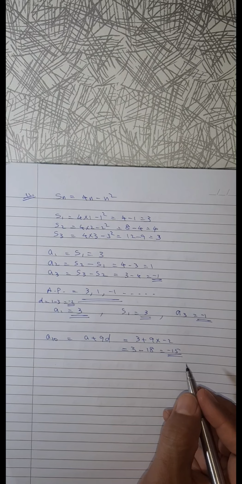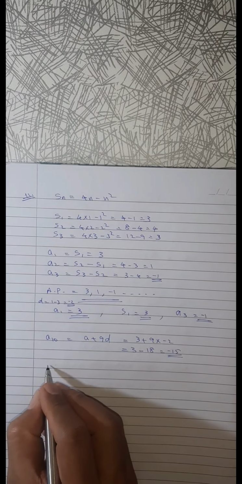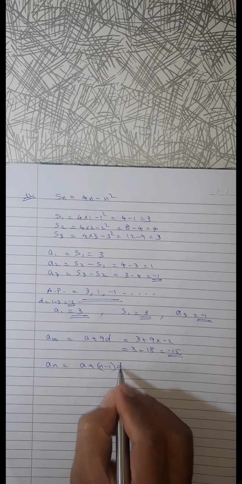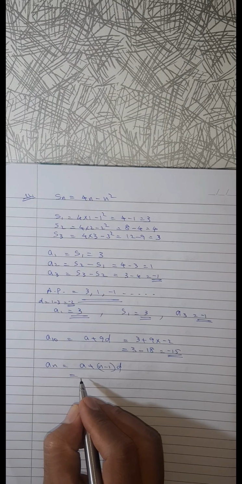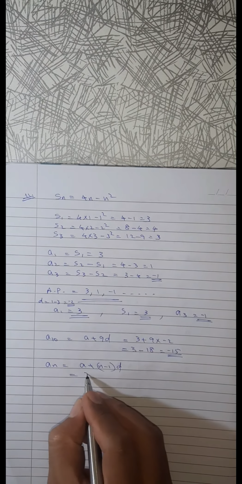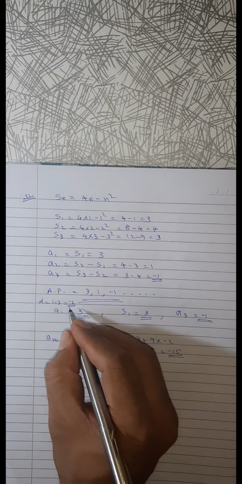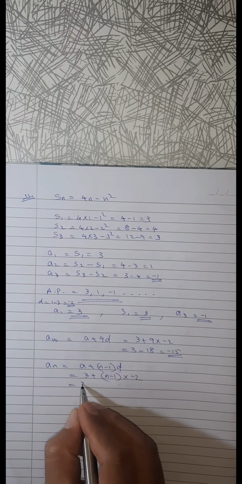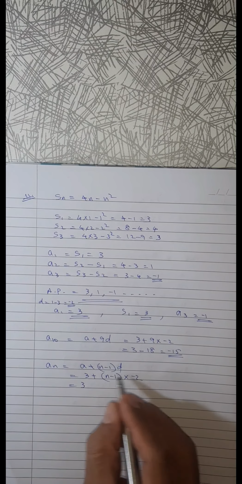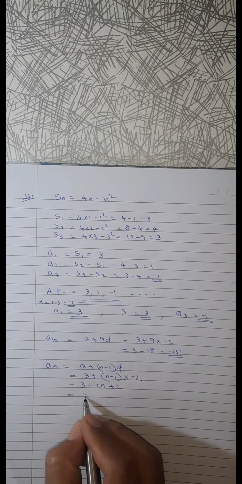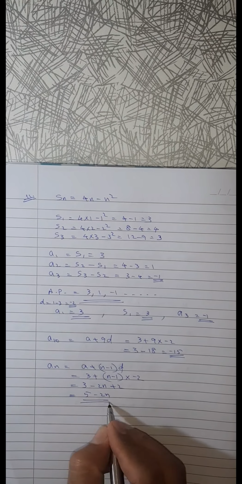Now they are asking for the nth term. An equals A plus n minus 1 into D. A is A1, 3 plus n minus 1 into D. What is D? D is minus 2, so 3, opening the bracket, minus 2n plus 2, that is 3 plus 2, 5 minus 2n is the nth term.